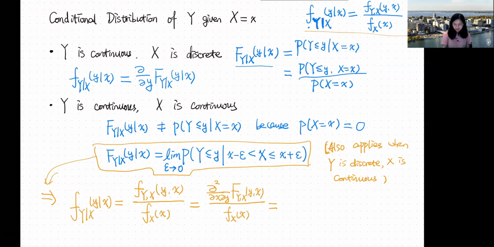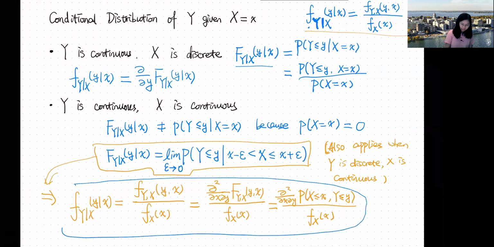And the joint CDF, it might not surprise you, is the probability that X is less than or equal to little x and Y is less than or equal to little y. So this is how the conditional probability density function can be obtained from the joint and the marginal density functions of the random variables.